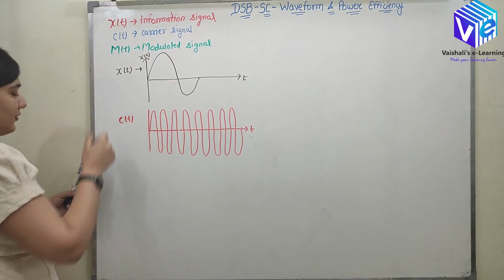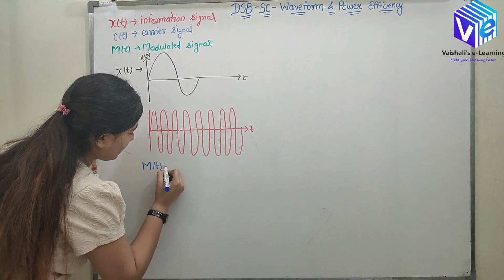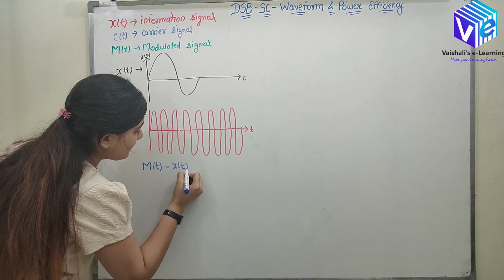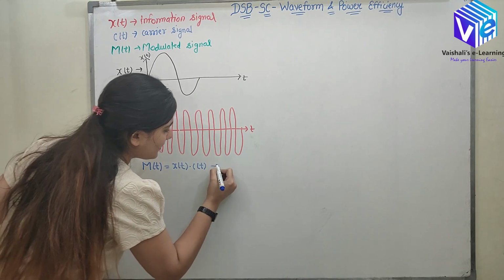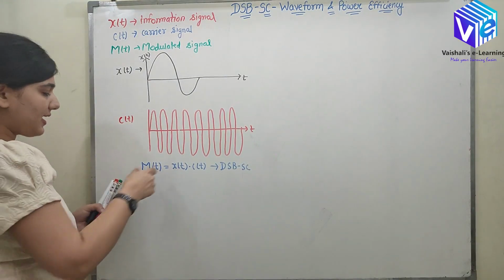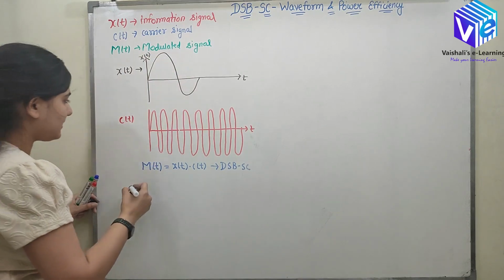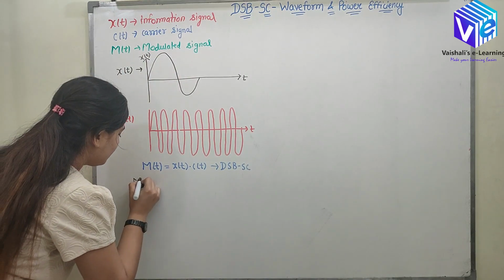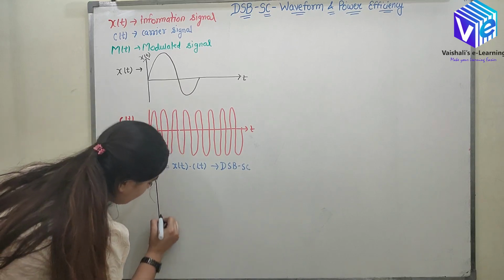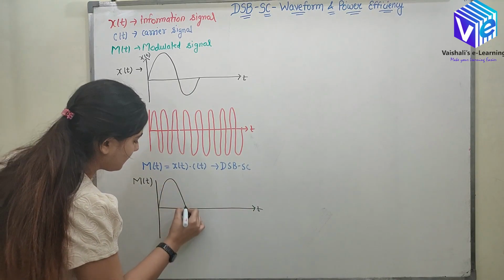So now talking about m(t). m(t) would be x(t) into c(t) in the case of DSB-SC. So m(t) is x(t) into c(t). So what will happen if I multiply x(t) and c(t)? Here I'll get the m(t), which is represented like this.